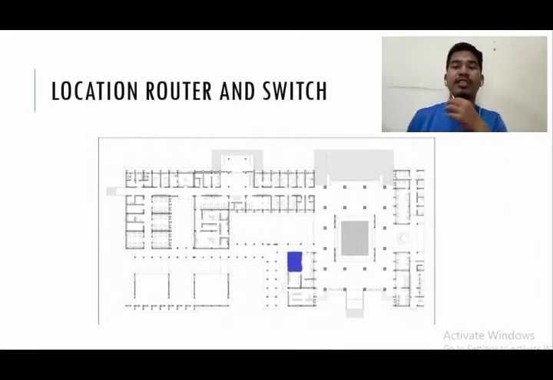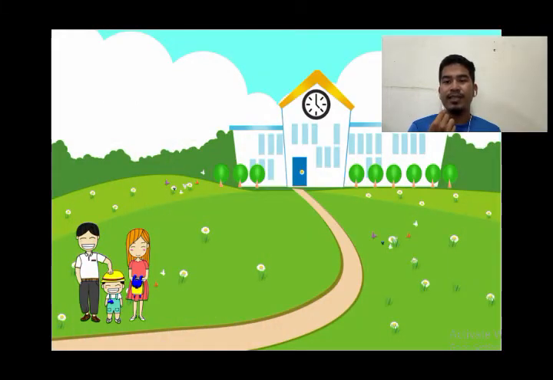Okay, the best location to put the router and switch is at the server room, because the server room has equipment that requires a stable and fast connection. For example, a family who wants to send their child to school: a family whose home is closer to the school is faster than a family whose home is far away.